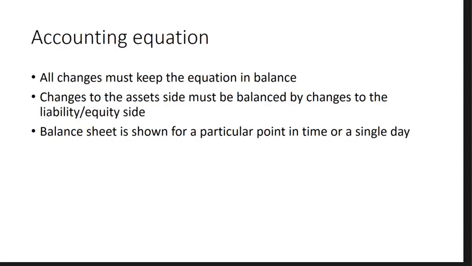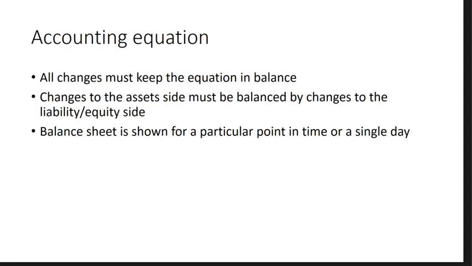Then you have the income statement and statement of equity for January 1 through December 31st. And then you have another balance sheet, which is why there's usually two balance sheets given in the financial statements at the end, after all of the things have happened on the income statement and statement of equity.